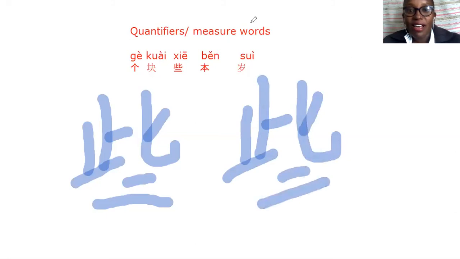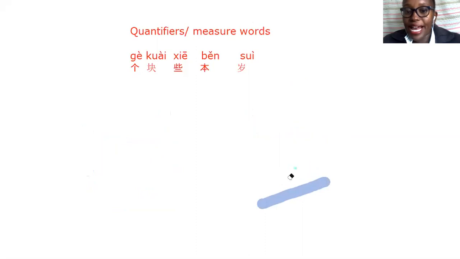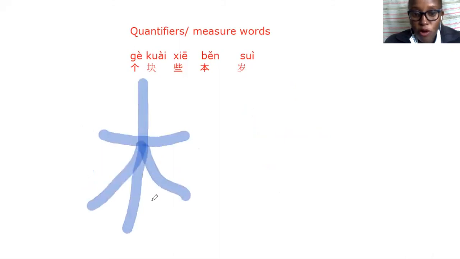写很好，非常好。Now let's go ahead and write the character 本, which is a measure word for book. 1, 2, 3, 4, and 5. Again, 1. Let's make it a little bit better.